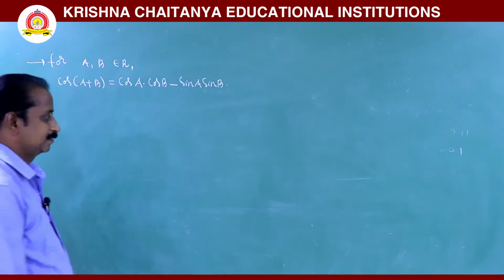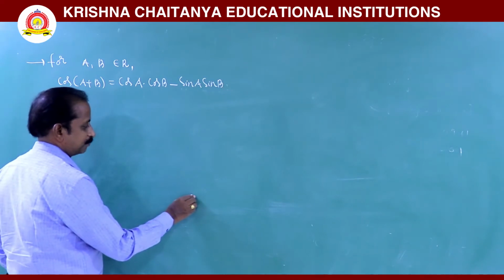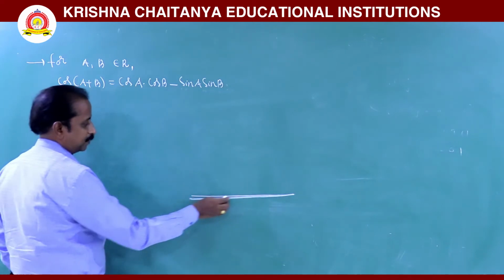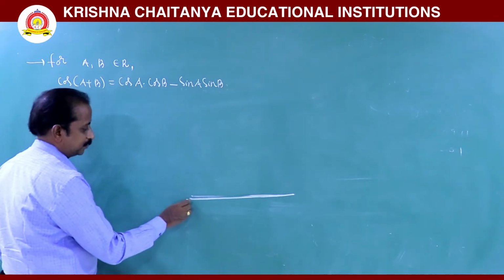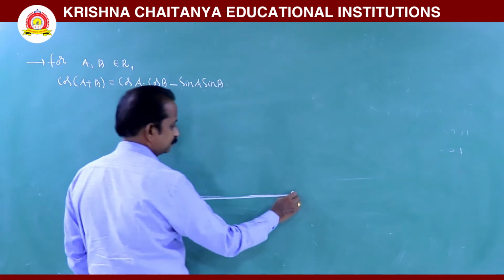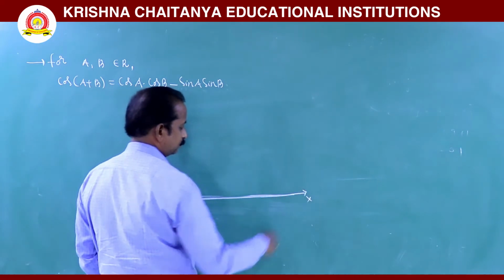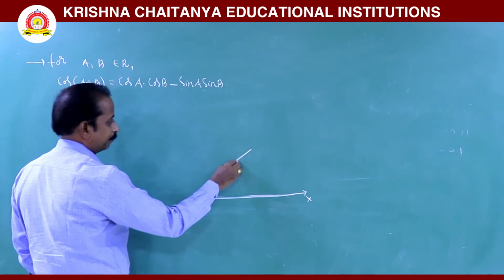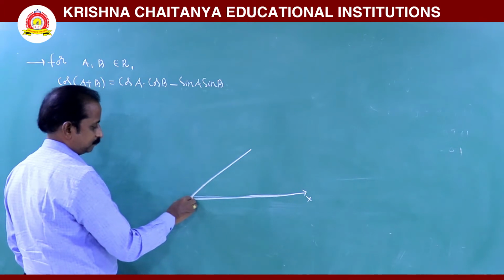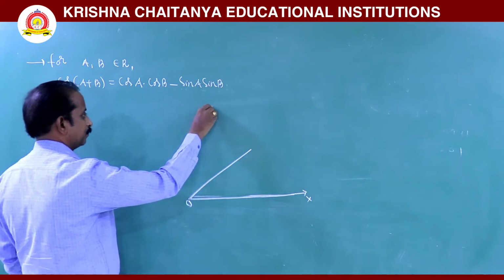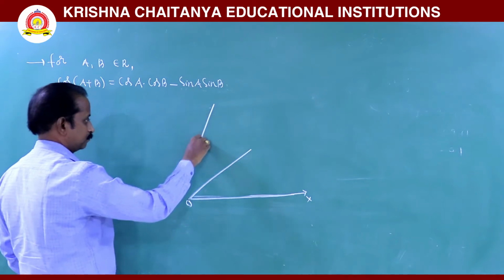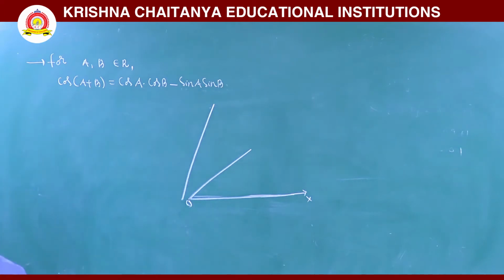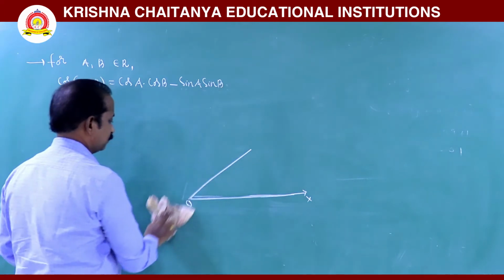Consider a line which is passing through the origin. This is OX. Consider the lines OP and OQ.